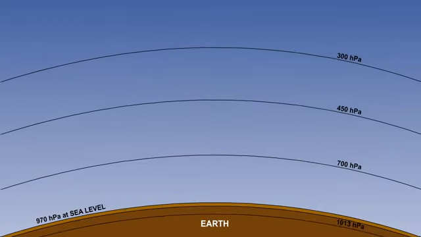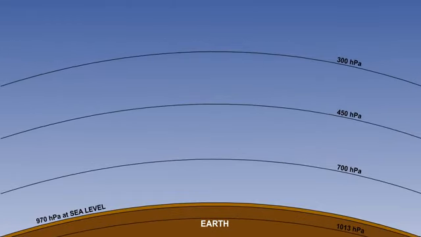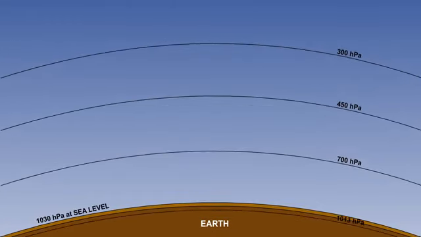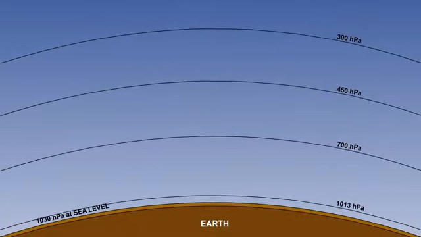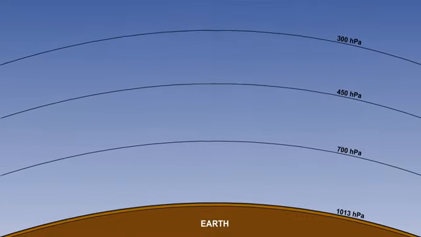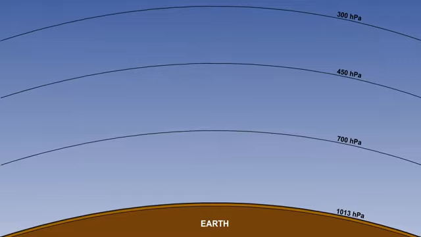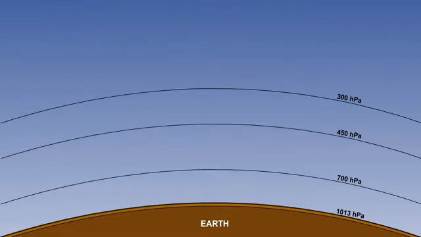On a real day, the sea level pressure may not be 1013. In this case, we have a barometric error, and the temperature distribution may not be according to ISA, in which case we have a temperature error.